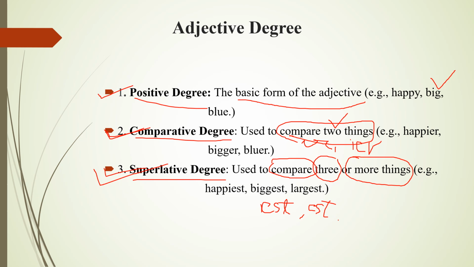Then we have superlative degree. It talks about three or more than three things. Comparative degree is made by using ER after the basic form of positive degree, and superlative degree is made by adding EST or IEST after the basic form of the adjective.